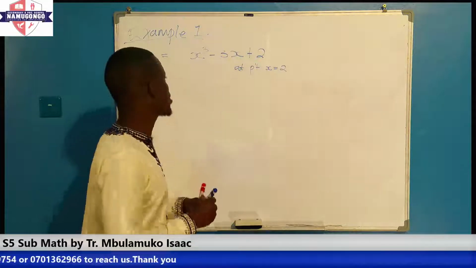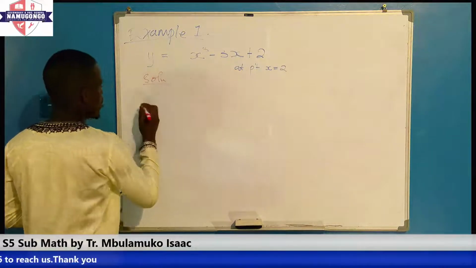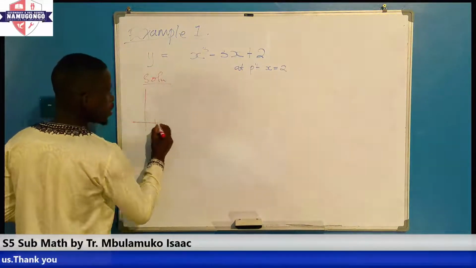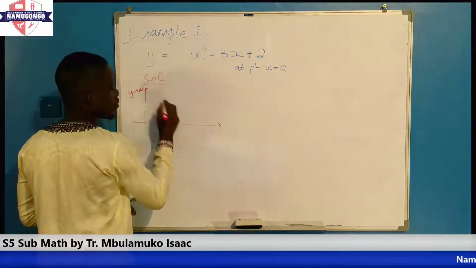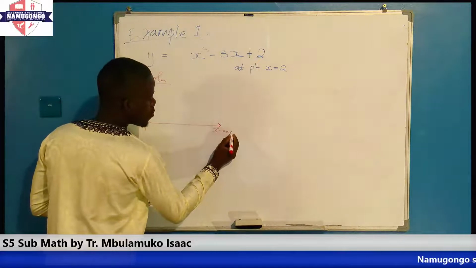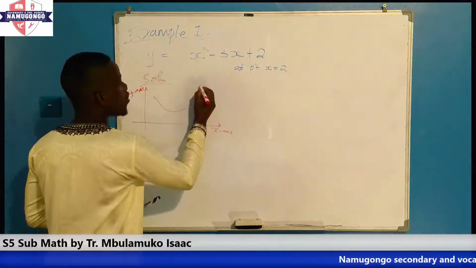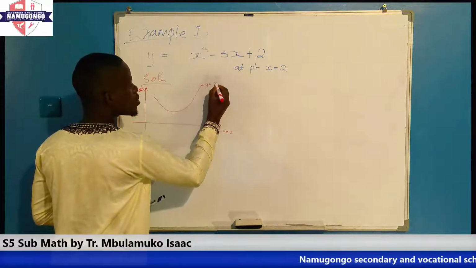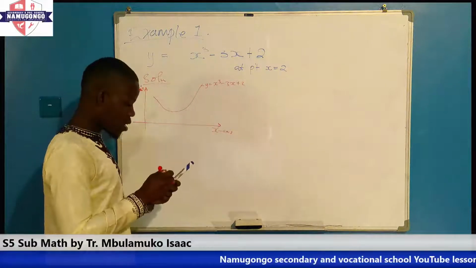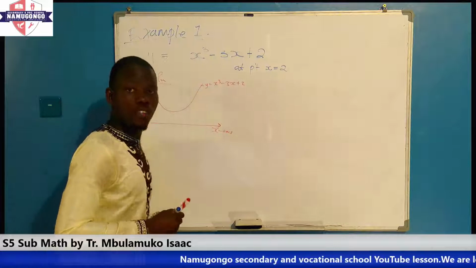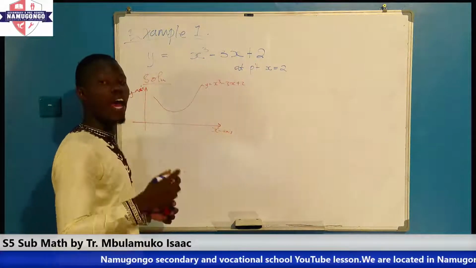So assuming I sketched for you, this is our sketch, a small x and y axis, and we are saying we have a curve, maybe it is that, and this is our curve, y is equal to x cubed minus 3x plus 2. And we say we have a tangent. This tangent is touching the curve at a given point where x is 2.